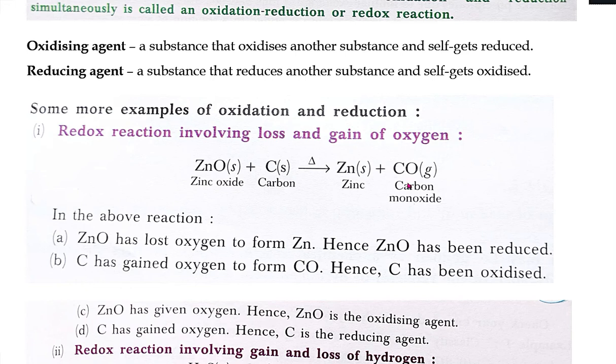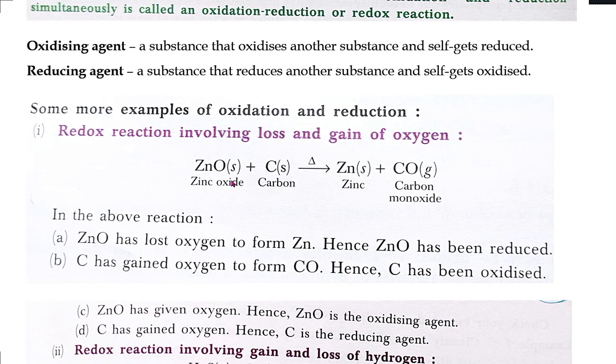So here we can say that carbon has been oxidized. Carbon gained oxygen to form carbon monoxide, so carbon has been oxidized. Now ZnO is giving oxygen to carbon.